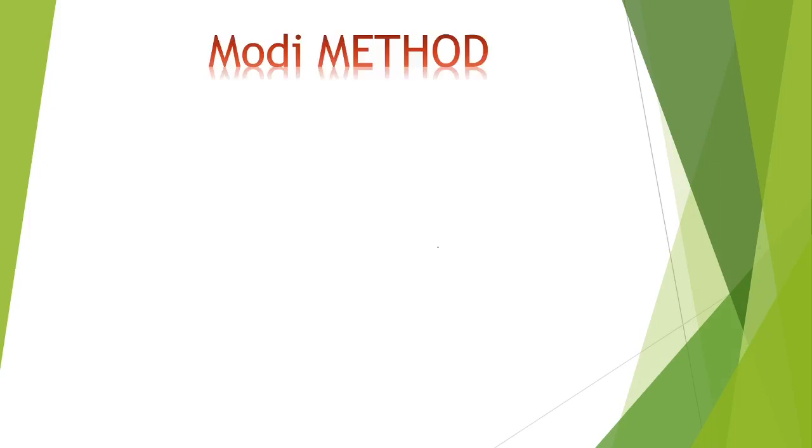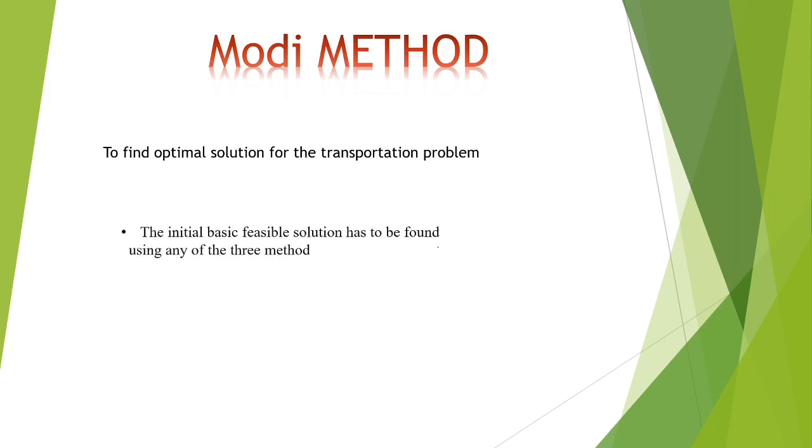Okay, next method is MODI method or UV method. It is used to find the optimal solution for the transportation problem. So in this method, first the initial basic feasible solution of the transportation problem is found by using any one of these three methods: northwest corner rule, least cost method, or Vogel's method.